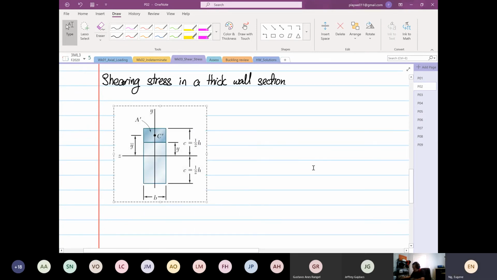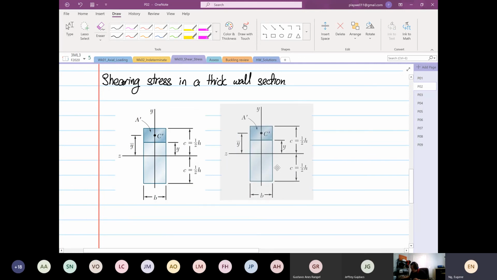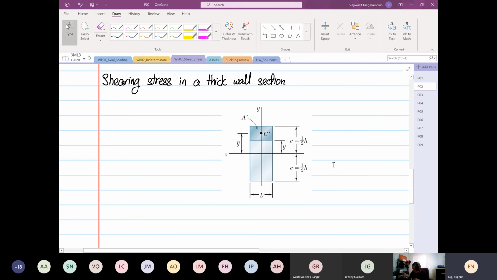Some of you might say, Eugene, how is this diagram related to a beam? Again, we assume that we have a structure, right, simply supported.